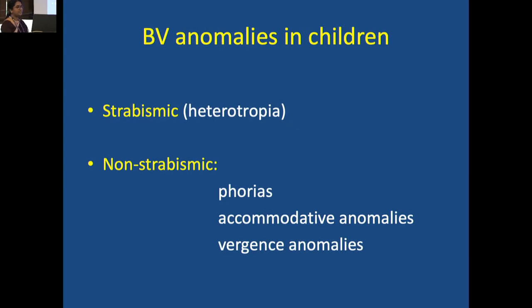Binocular vision anomalies in children can be broadly classified as strabismic and non-strabismic. I'll not be talking about strabismic anomalies in this session. We'll rather touch upon more of the non-strabismic ones, which include phorias, heterophorias, accommodative anomalies, and vergence anomalies.